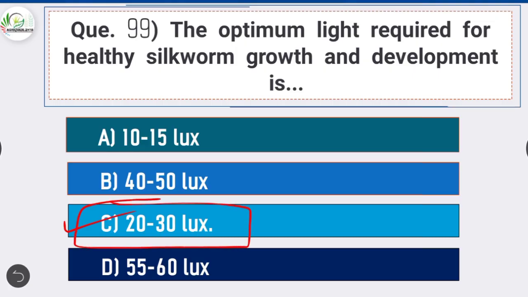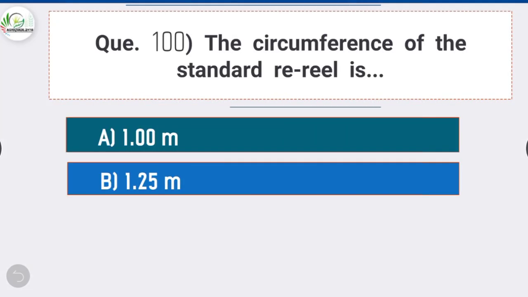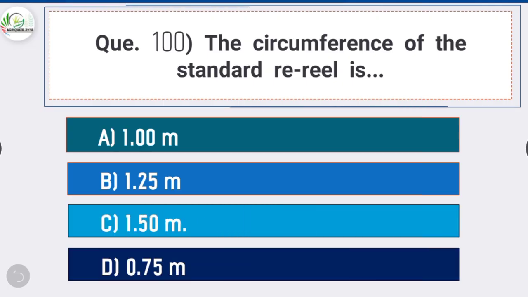The optimum light required for healthy silkworm growth and development is 20 to 30 lux. Question number 100. The circumference of the standard re-reel is, and the correct answer is option C, 1.5 meter. The circumference of the standard re-reel is 1.5 meter.